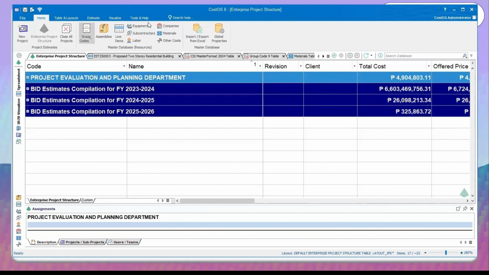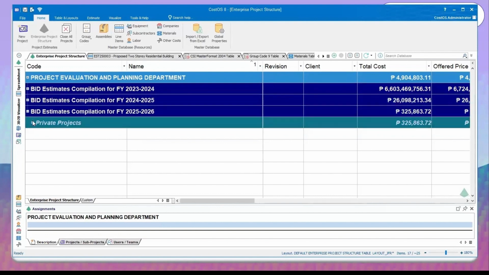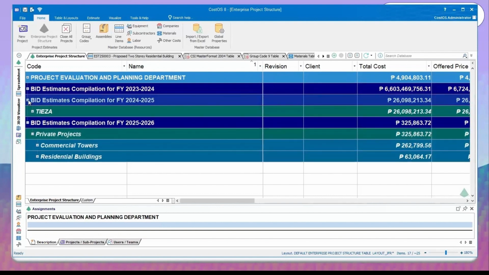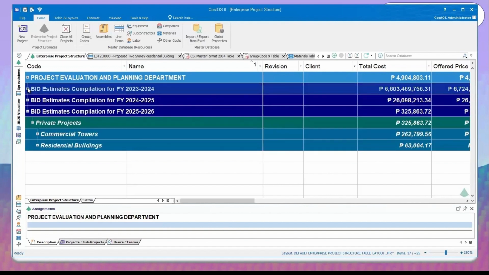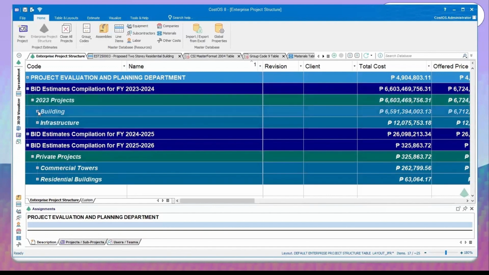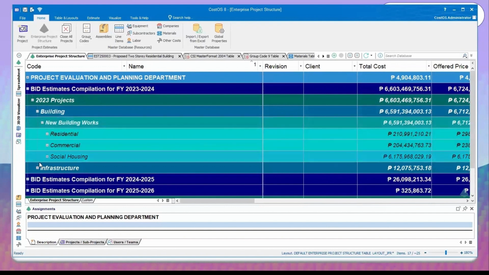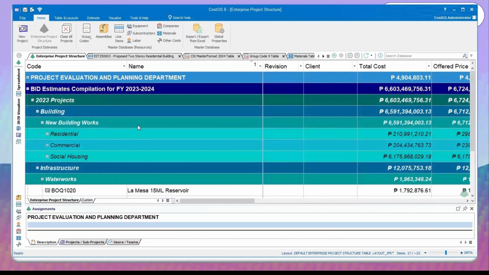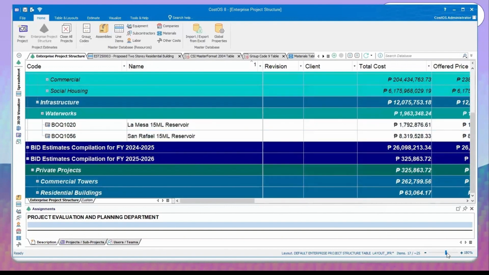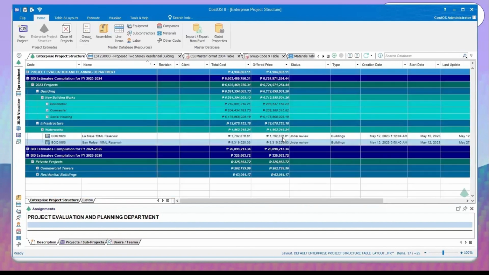Okay, so this application houses all of your estimates, and if I further expand it, you'll notice, no, that these estimates can be kept organized by projects, either based on project type. Yan, medyo liitan ko po para makita nyo in view.